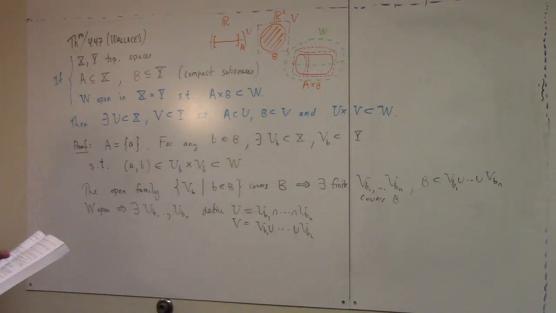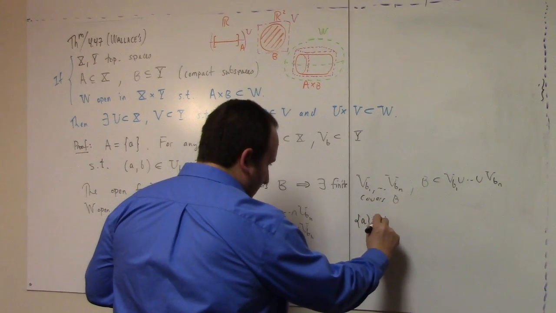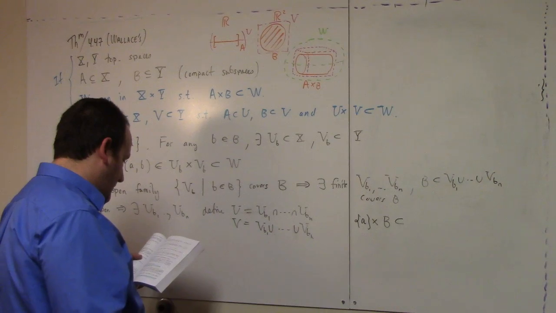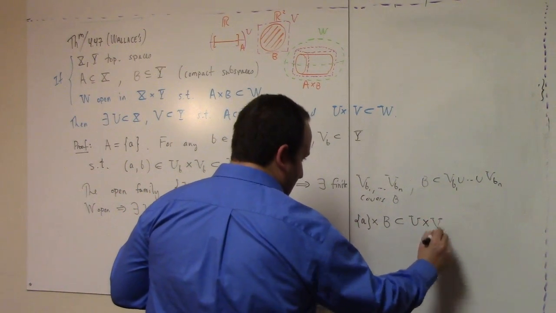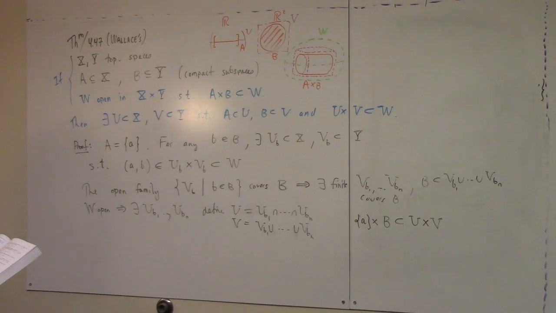And then he makes a claim. He says that the singleton A cross B is a subset of U cross V. Man, all of this for just the special case that A is a singleton. Do I believe that?